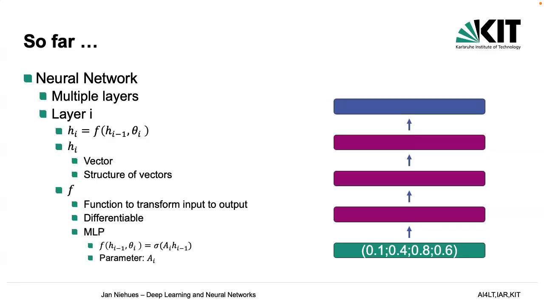And in general, these layers look like that. We always calculate the new hidden value h_i of the i-th layer by some function which depends on the input, which is the hidden state from the previous layer, and of course on the parameters.